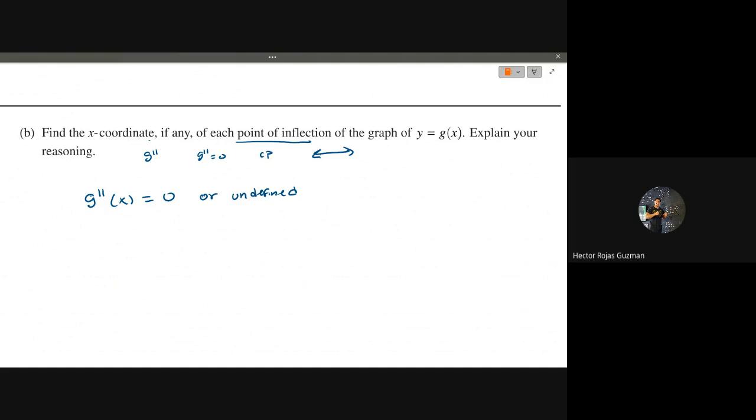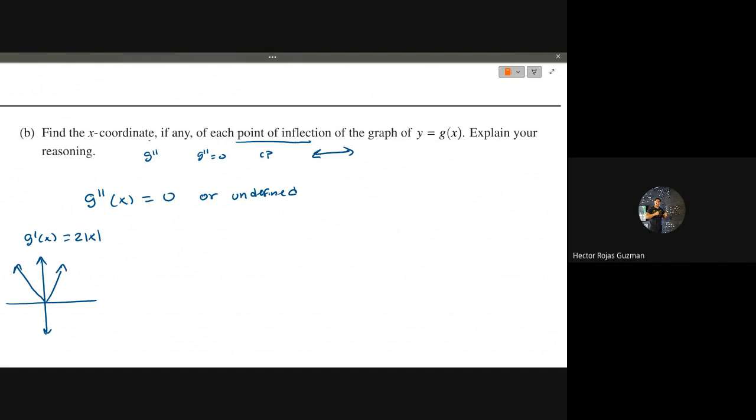And even if you didn't do part A, as long as you know the graph of g prime, you can answer this question. The graph of g prime of x, which is an absolute value graph, is a V-shaped graph that's a little bit steeper because it has a slope of 2. Just look at this whole graph.